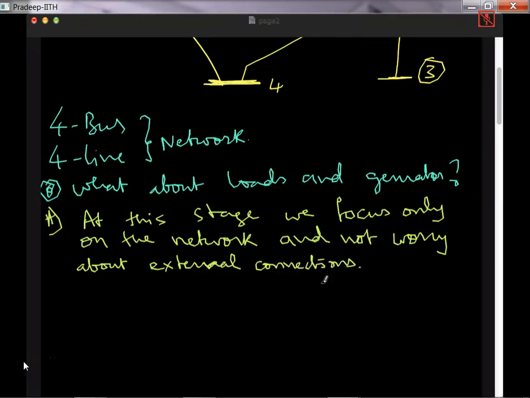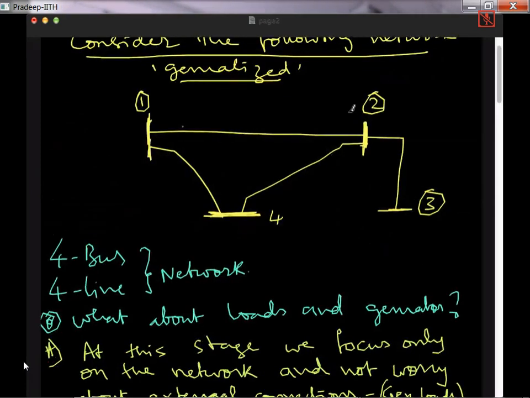What do I mean by external connections? The external connections are generators and loads. The bus admittance matrix we want to define is for this particular 4 bus network.